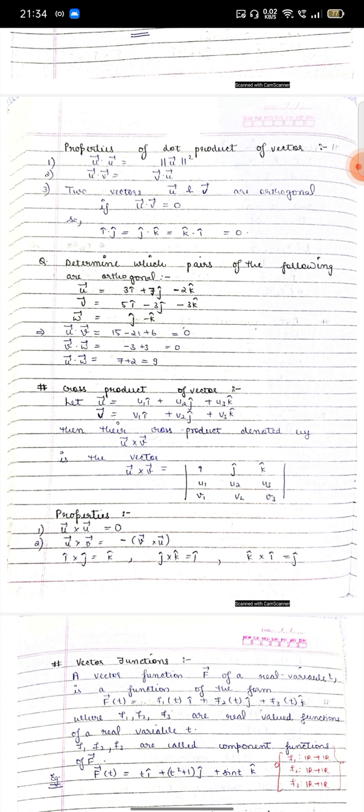So first property is u vector cross u vector is equal to 0. Second, u vector cross v vector is equal to minus of v vector cross u vector. So i cap cross j cap is equal to k cap, j cap cross k cap is equal to i cap, and k cap cross i cap is equal to j cap.